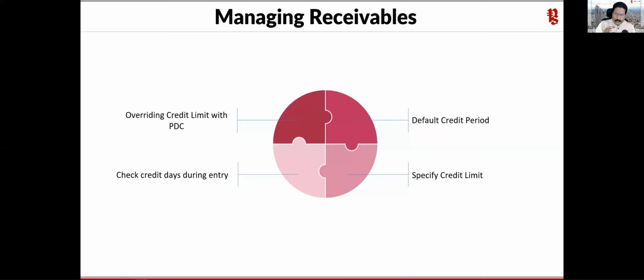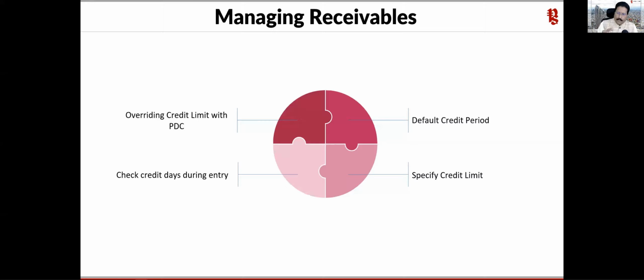Now let's say the customer is asking you for another lot of consignment, for the next sale. There is already 1.5 lakh rupees outstanding, and you have received a post-dated check. The second invoice you are going to raise to the customer is, say, 2 lakh rupees.